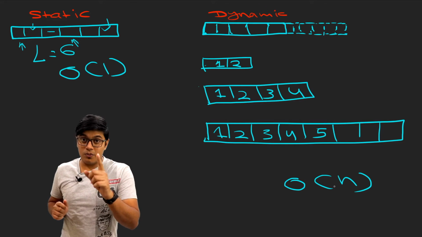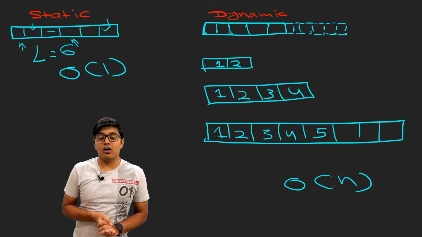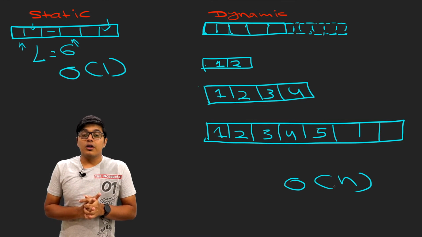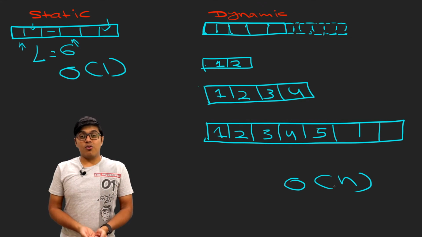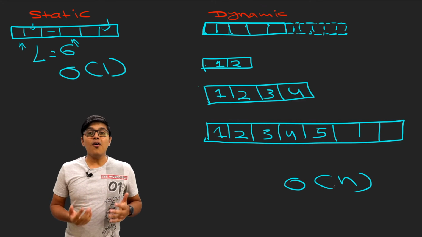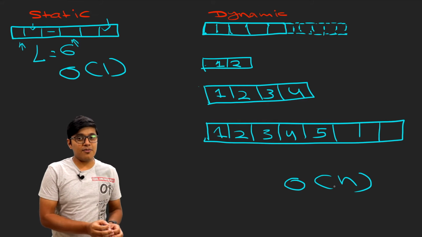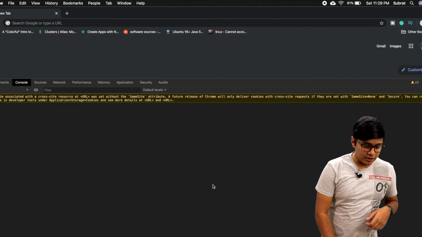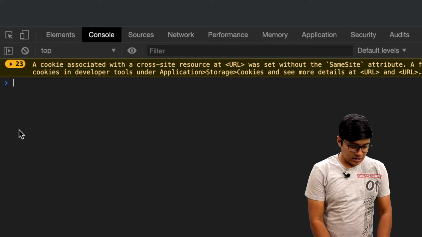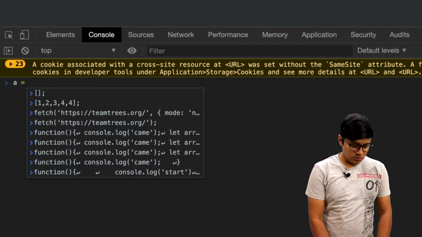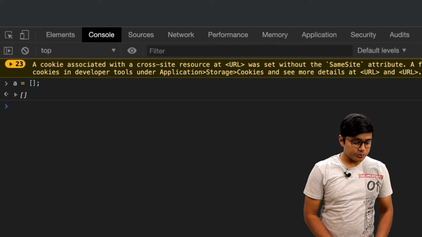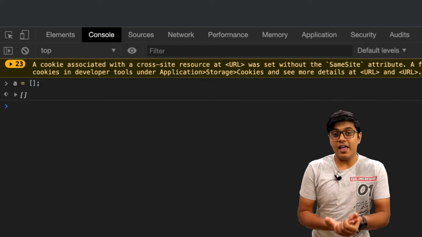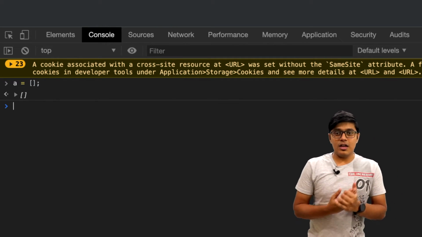Now you can ask me, okay Subrat, you are showing us JavaScript and TypeScript. If you already know you're going to have 4 million records, how are you going to handle this efficiently? For that, we'll go to the browser. Suppose I write a equals to array. Here you can assign the length of the array in JavaScript.